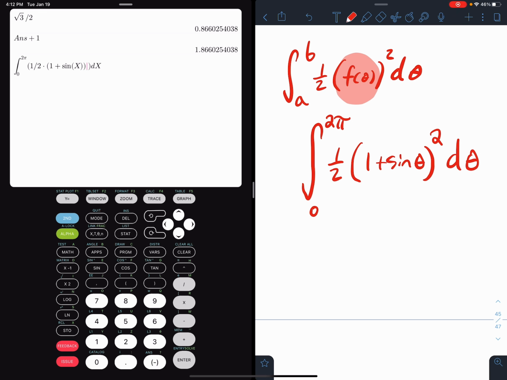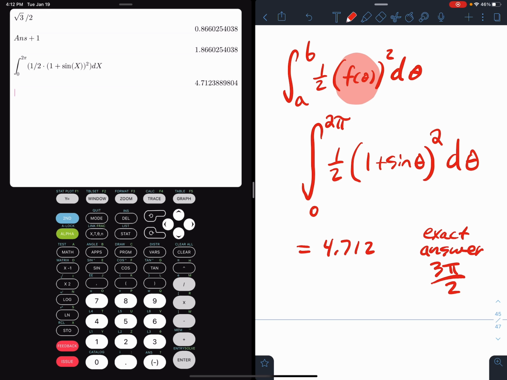Close the parentheses, square everything, and integrate. And lo and behold, I get 4.712. Now the exact answer here, just for funsies, is 3 pi over 2.